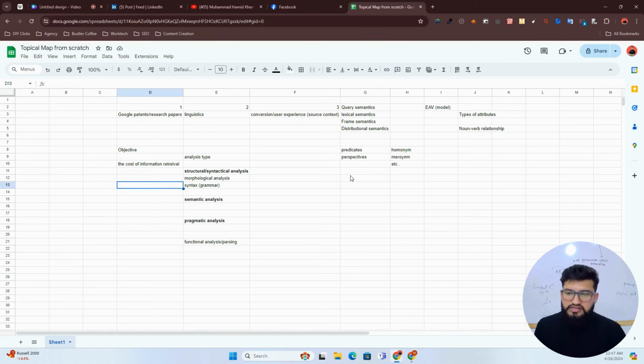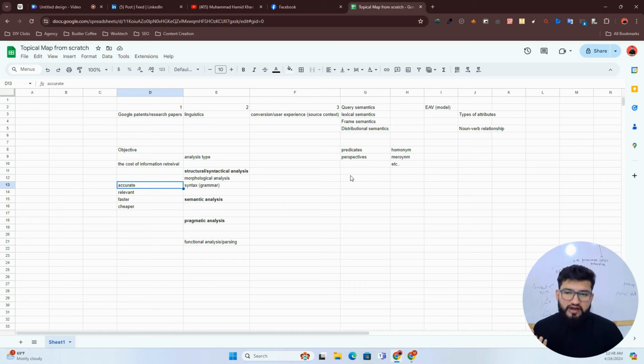And more importantly, Google's objectives: accurate information, relevant information, faster information, and cheaper information. These four things are the backbone of the machine, or Google. This is what you have to provide: accurate, relevant, faster, and cheaper information.